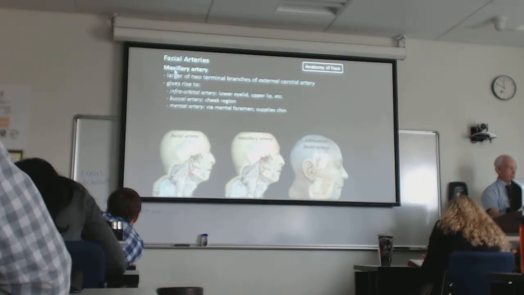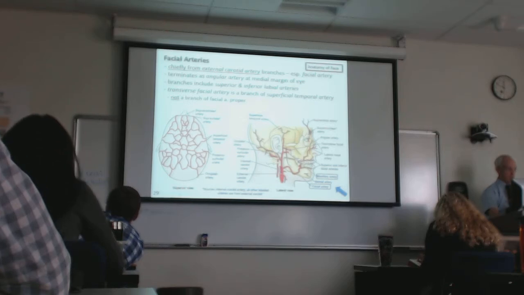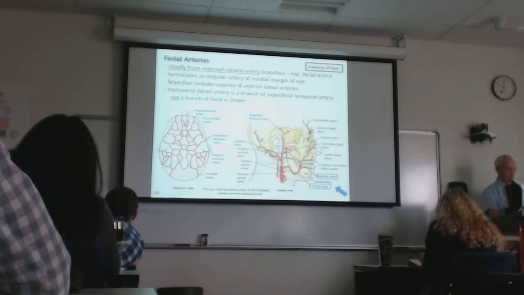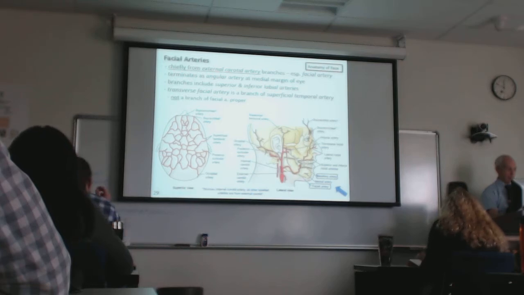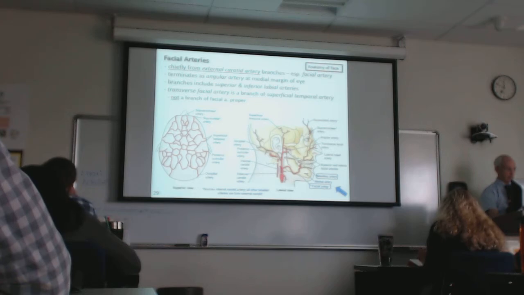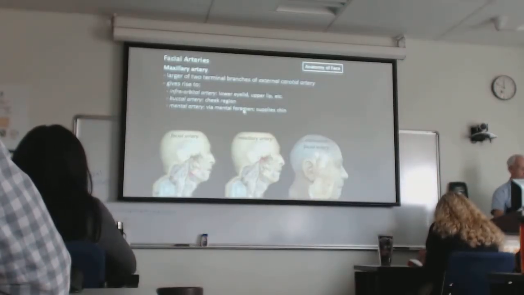The maxillary artery, surprisingly, if you go back to this, this little branch down here called the mental artery, you might assume that that is a branch of the facial artery. It is not. This mental artery is a branch of the maxillary up here. And so it's listed there, mental artery is a branch of the maxillary.